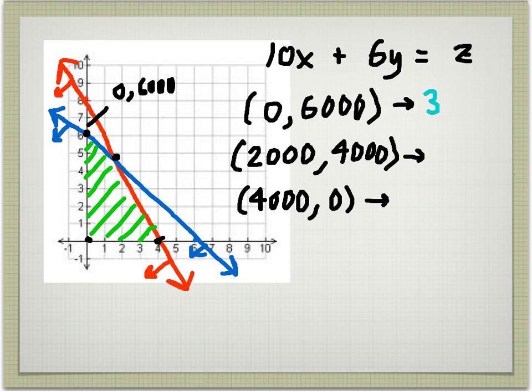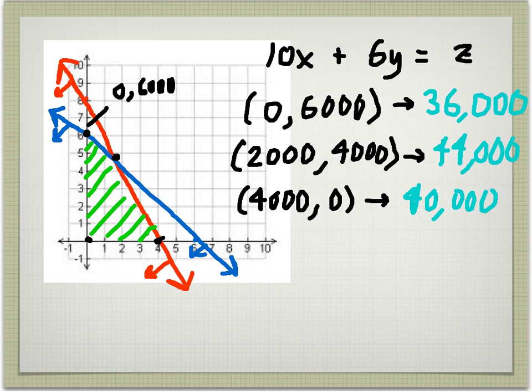I'm going to end up with helping 36,000 people with a 2,000, 4,000 point. Again, I put 2,000 in for x, 4,000 for y. You can check this. I'm just kind of rushing through this a bit. That's going to help 44,000 people. And lastly, the 4,000, 0, that's going to help 40,000 people.